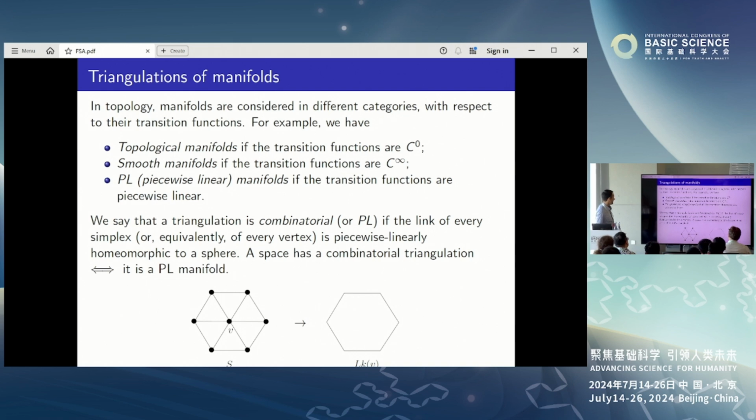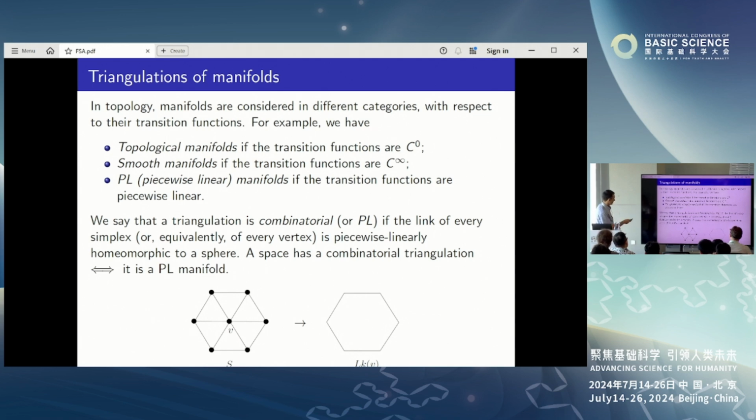And there are also, for manifolds, a particularly natural kind of triangulation you can request, which is usually called, the traditional name is combinatorial, but really it should be called PL, so I'm going to use this name. And that's the kind of triangulation where the link of every simplex is basically a sphere. It's piecewise linear homeomorphic to a sphere. What is the link?